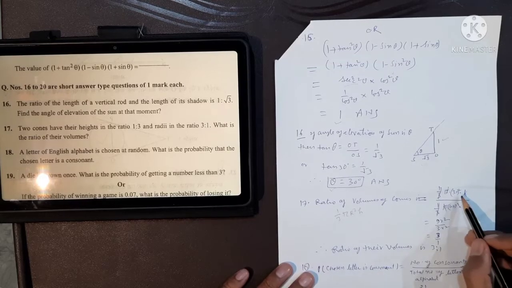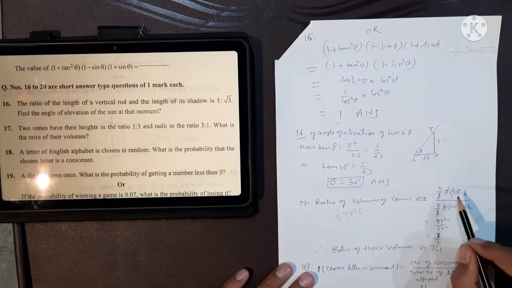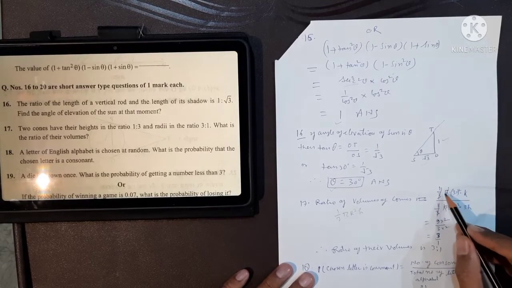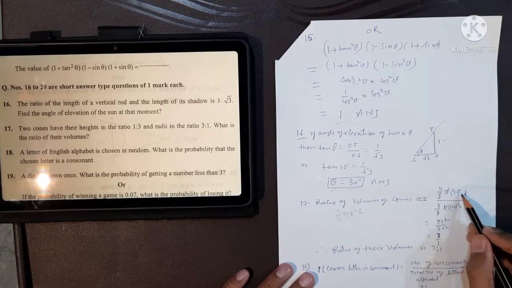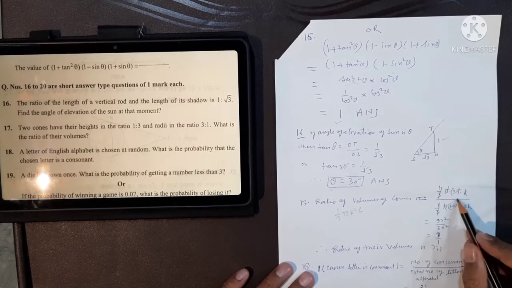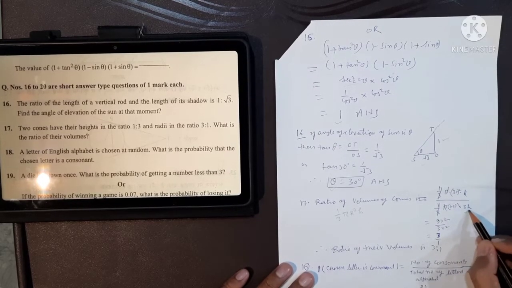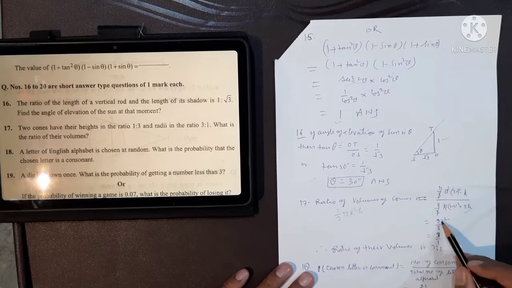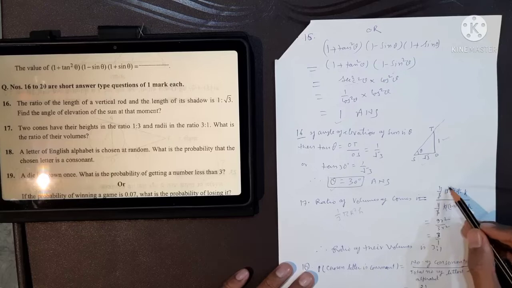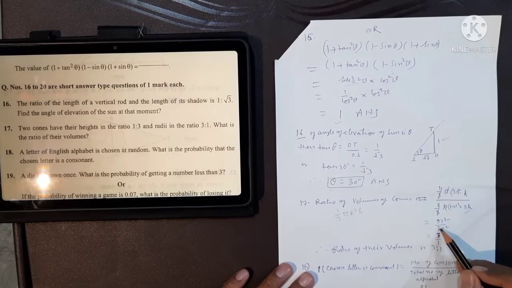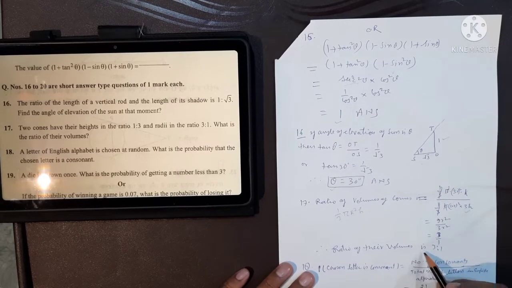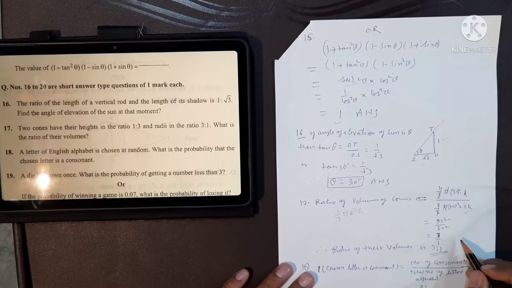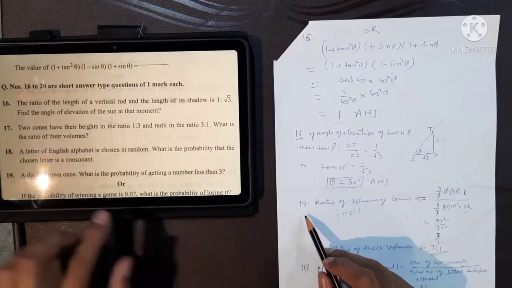So substituting the r, we get 1 by 3 pi into 3r whole square into h, and in the below case we'll write 3h. Upon solving this equation, we cancel out 1 by 3 and pi and get 9 by 3, or 3 is to 1. So the volume ratio is 3 is to 1 for question number 17.